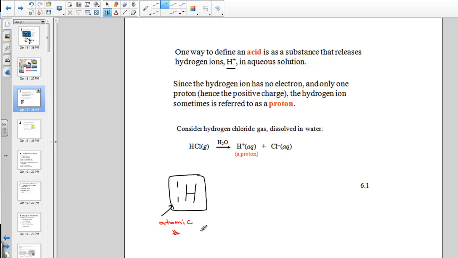Hydrogen's atomic number is 1. By definition, that's going to be one single proton, isn't it? And the mass number, by definition, is the sum of the protons and the neutrons. And we've been practicing that skill all semester long. So if I think about what this little box tells me, 1 minus 1 tells me hydrogen has 0 neutrons.